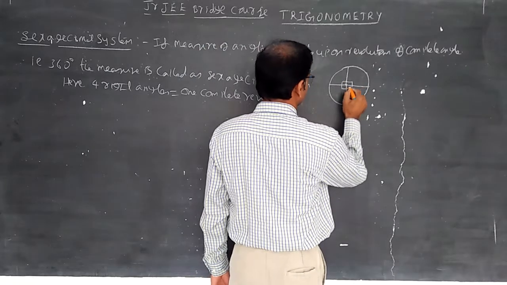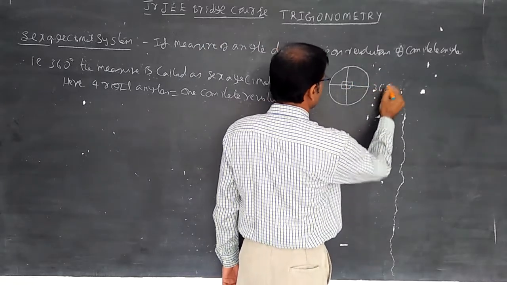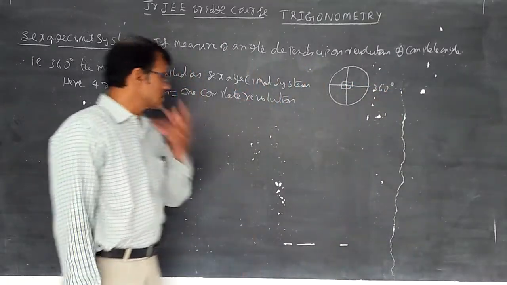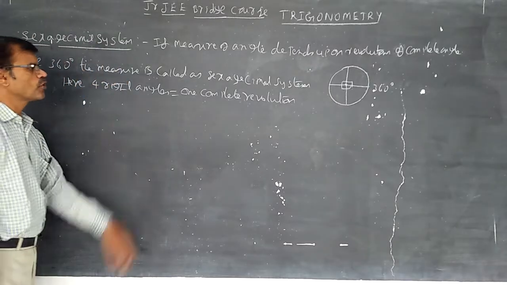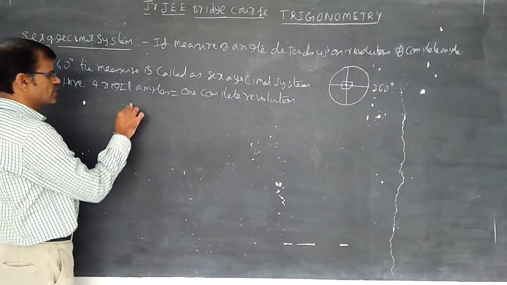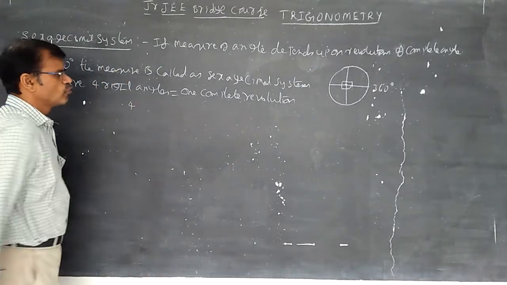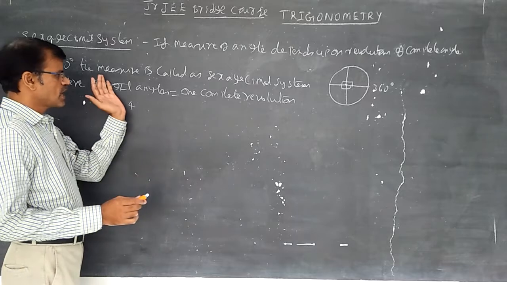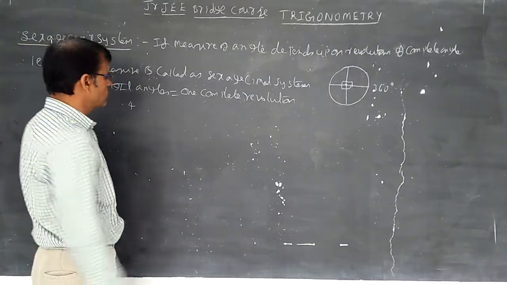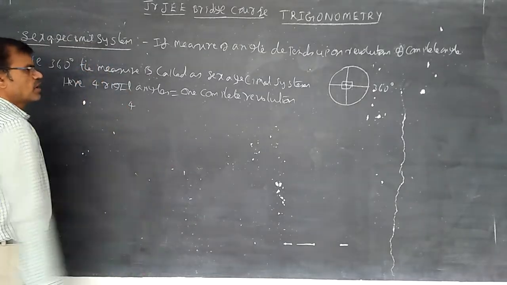Like this we can put. So total rotation is 360 degrees. Whenever you are taking 4 right angles equal to 1 complete revolution, 1 right angle becomes 1 by 4 of a complete revolution. That's all.